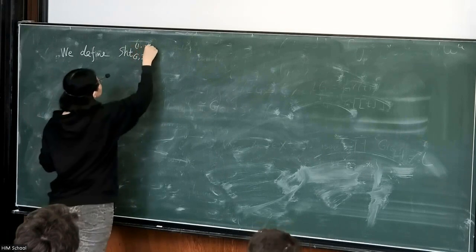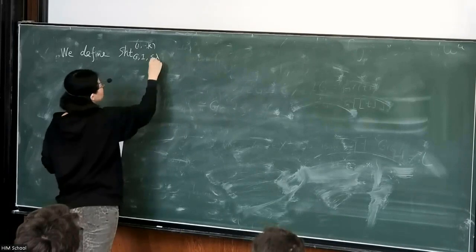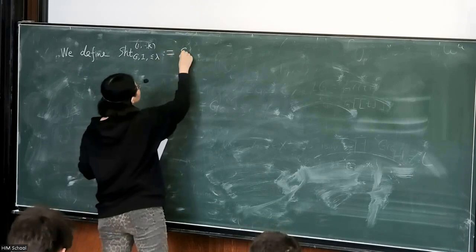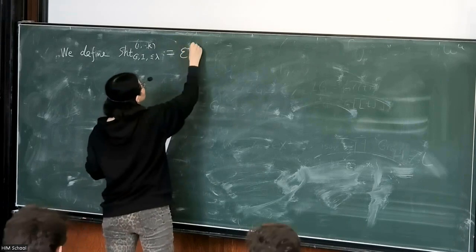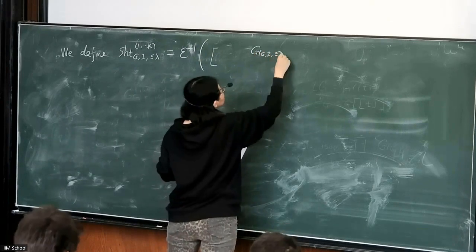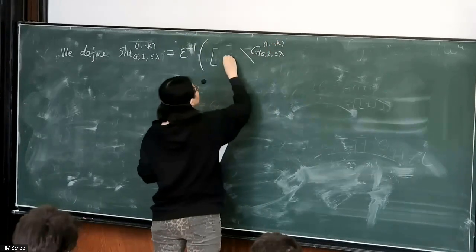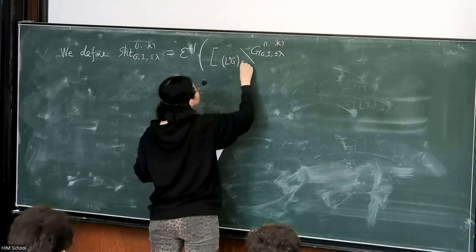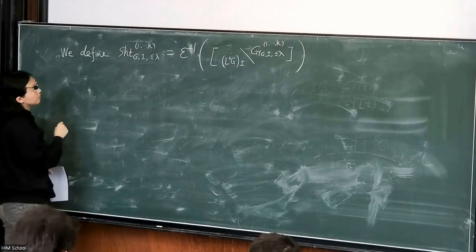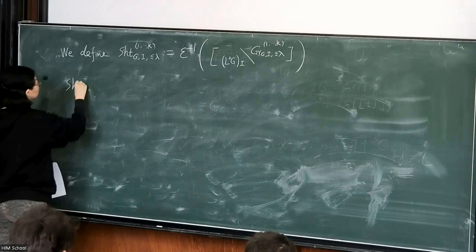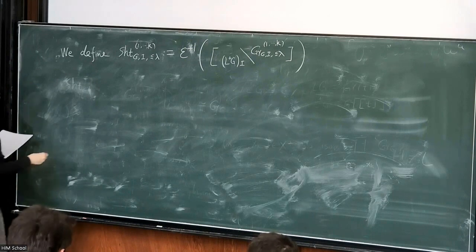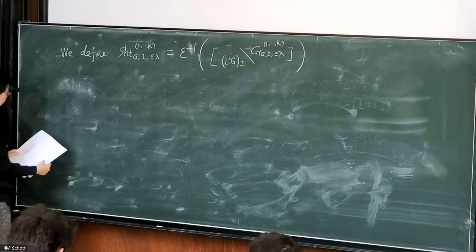And we define this bounded version of Shtukas to be the inverse image of the bounded version of Beilinson-Drinfeld affine Grassmannian. And now we get finite dimensional things.